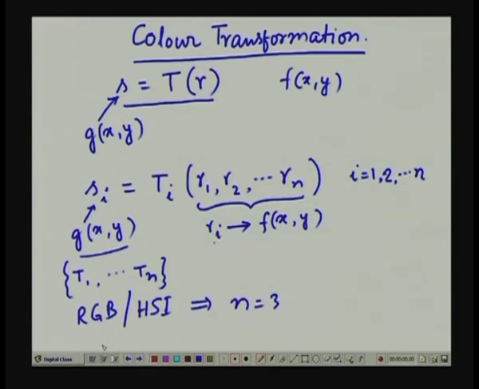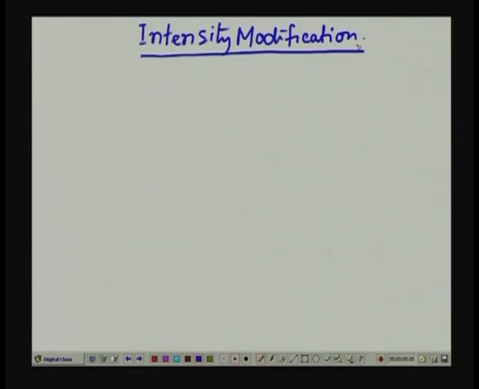Now, the first application of this color transformation that we will use is intensity modification. As we can represent a color in different color models or color spaces, theoretically it is possible that every kind of color processing can be done in any of those color spaces.